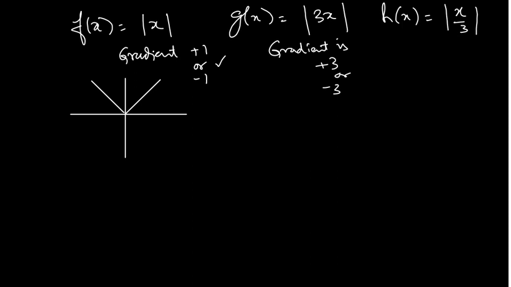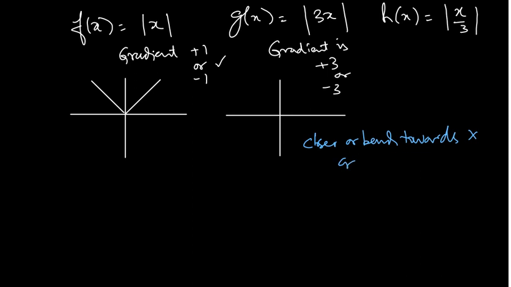Now the question is, the gradient is plus 3, then do you think it will bend down or bend up? Will it be closer to this fellow or closer to this fellow? Will it bend towards the x-axis, or away from the x-axis?